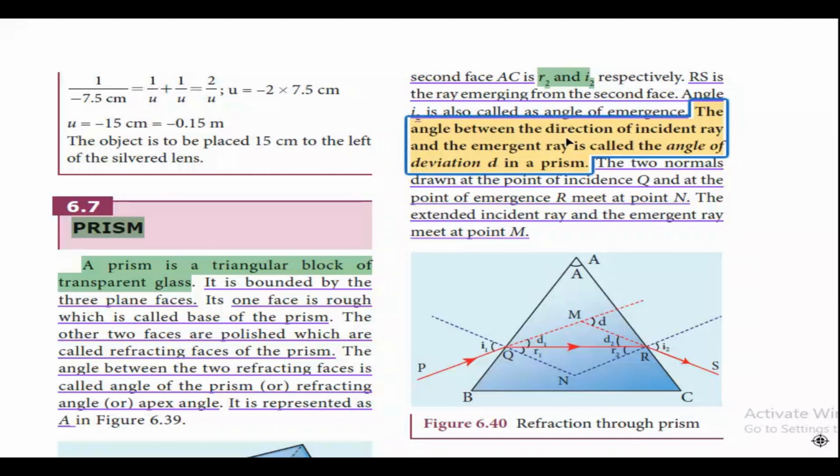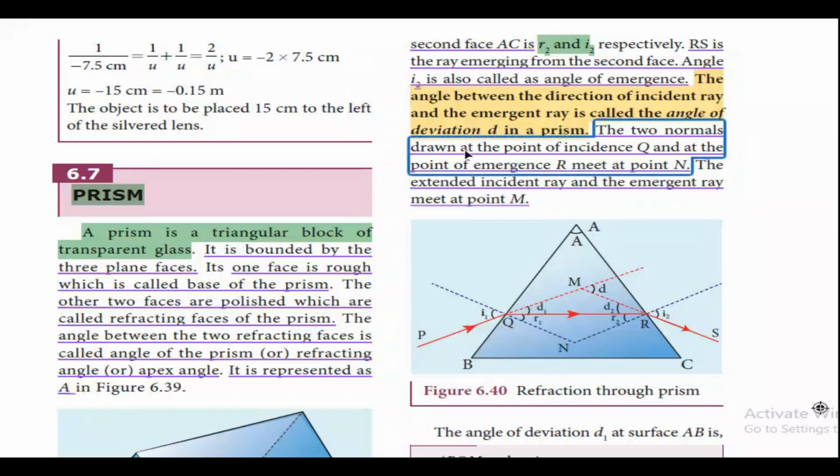The angle between the direction of the incident ray and the emergent ray is called the angle of deviation D in a prism. So that is represented here in this part. The two normals drawn at the point of incidence Q and at the point of emergence R meet at point N, that is here. So when you extend these two rays, they meet at this point N. The extended incident ray and the emergent ray meet at the point M here.